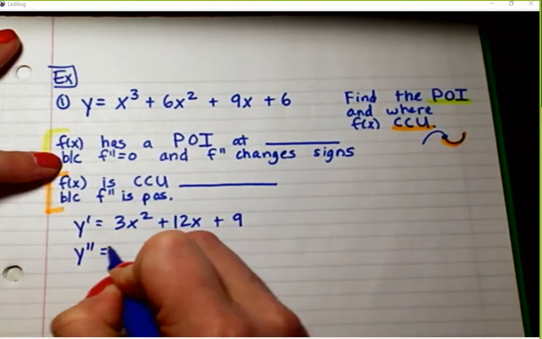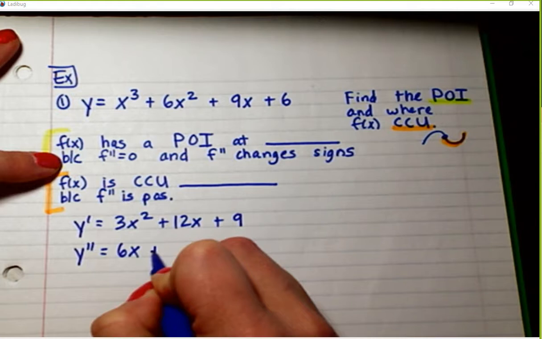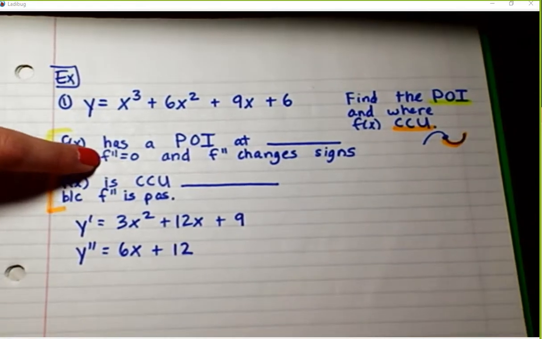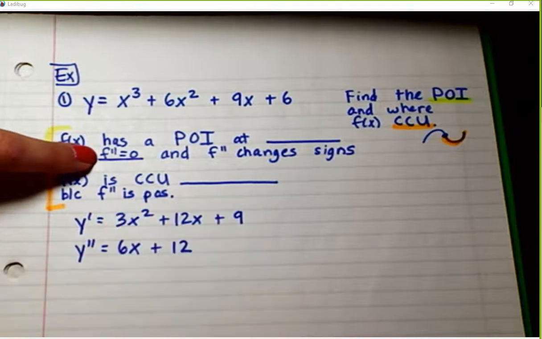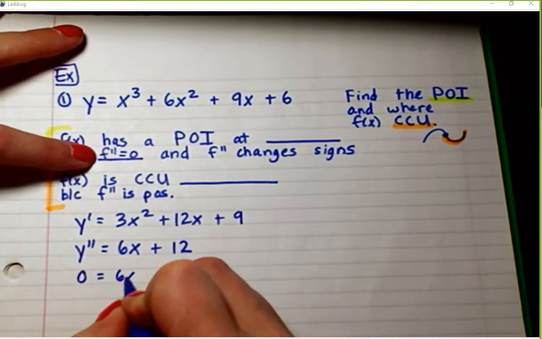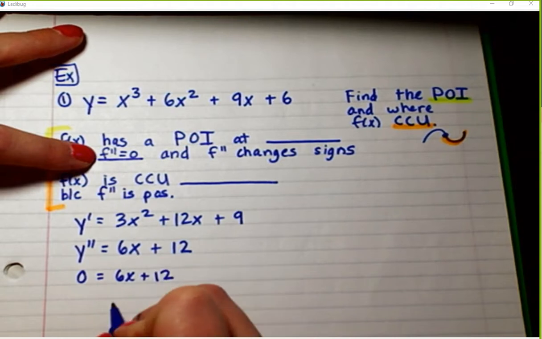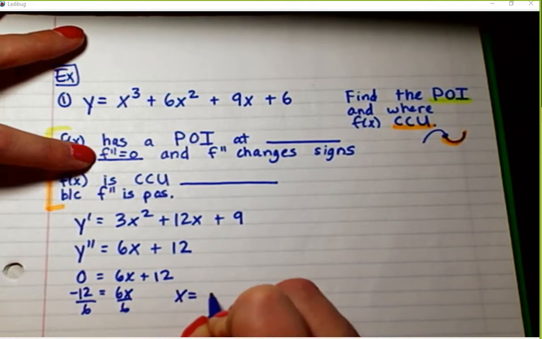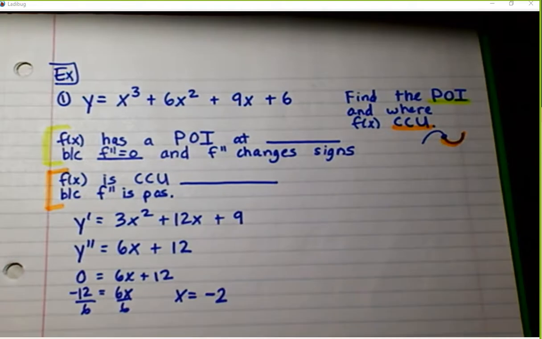Double prime. Okay. Right, I'm still working on this first part. Just where is double prime 0? All right, so I get x equals -2.